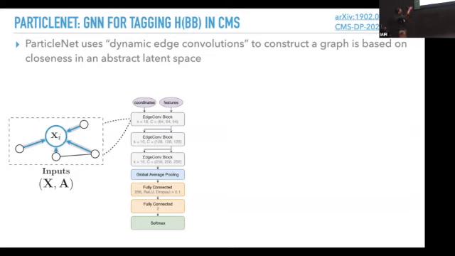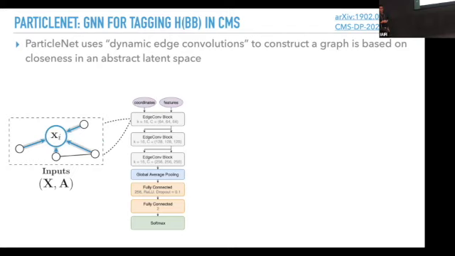In the first block of this neural network, we construct the graph based on how close the particles are in the detector. Each neighborhood is the 16 nearest neighbors, so we use k nearest neighbors based on how close the particles are in the detector. But after the second edge convolution block, you can see there's an arrow going down from the features over to the left.